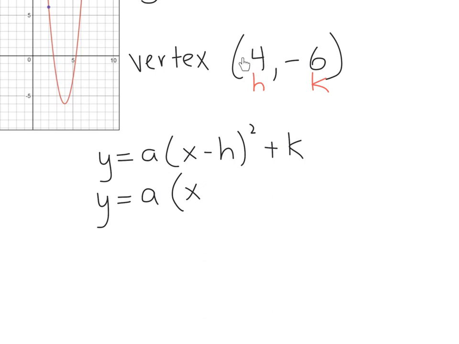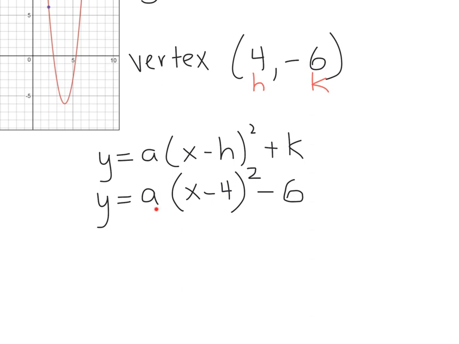So if we see a positive 4 as our vertex, we're going to write it as a minus 4 in the equation. Don't forget to square on the outside of your bracket, and then we're going to put in our k value. Our k value we've got listed as negative 6, so we are going to write it in the template as negative 6. So the only thing left to calculate or determine is the a value.